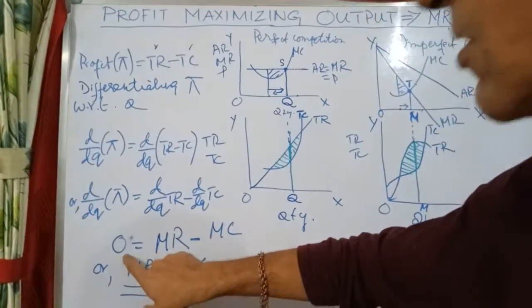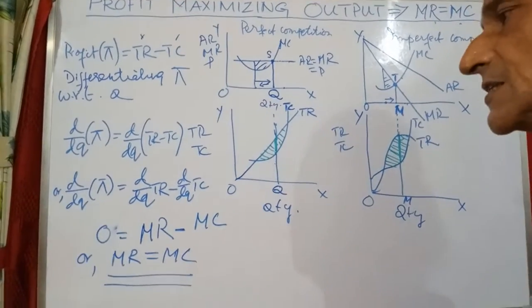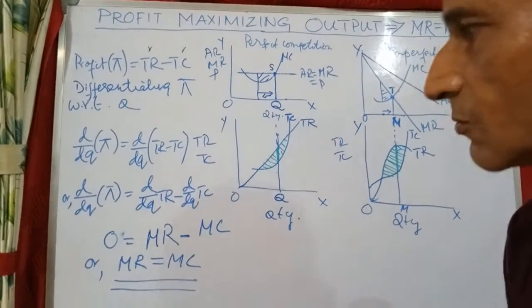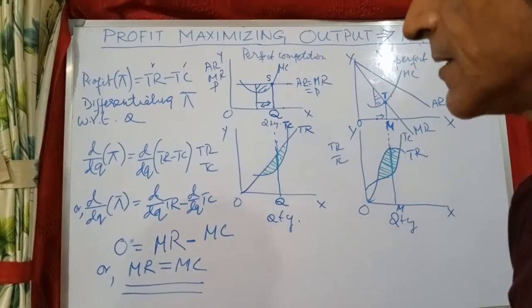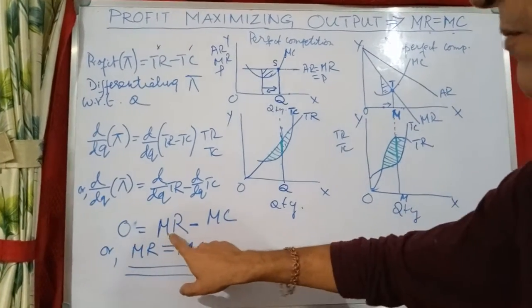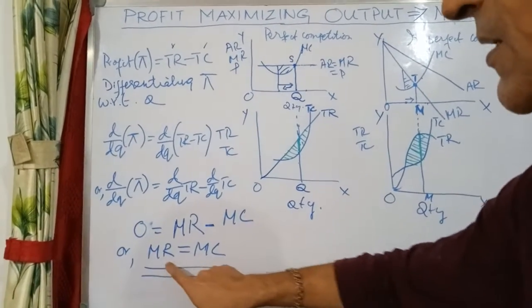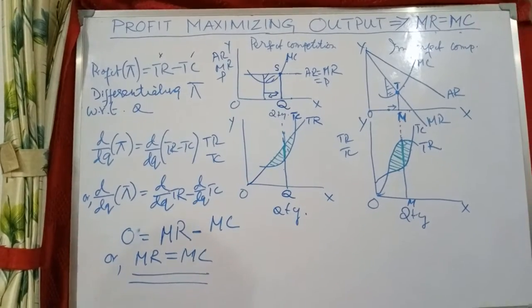Why 0? Because at maximum profit there is no change in profit with respect to change in output. Correct? So 0 equals MR minus MC. So MR equals MC. Right?